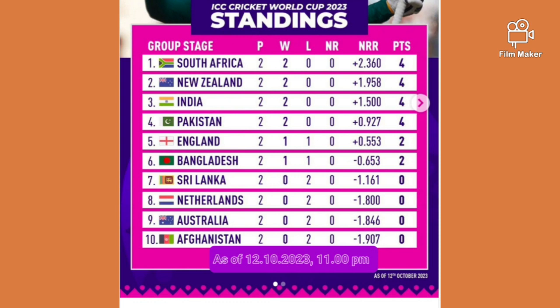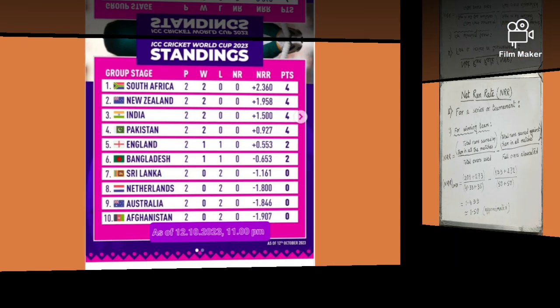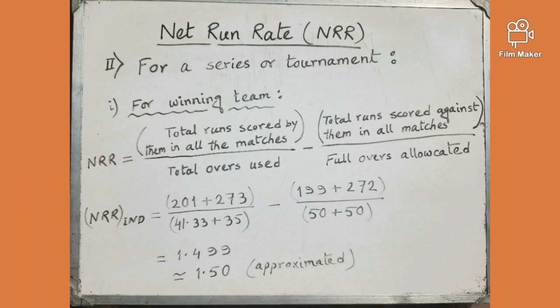The formula displayed here is for a series or tournament, and we start with a winning team.